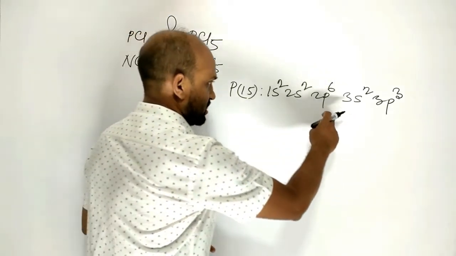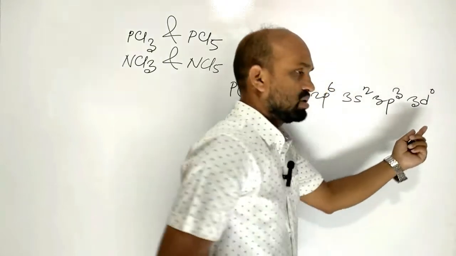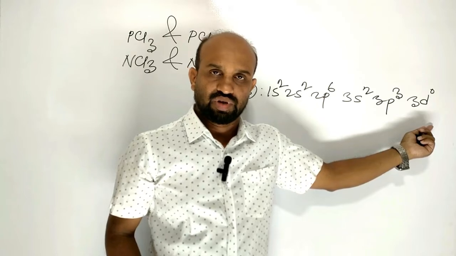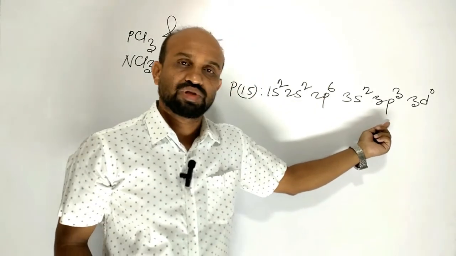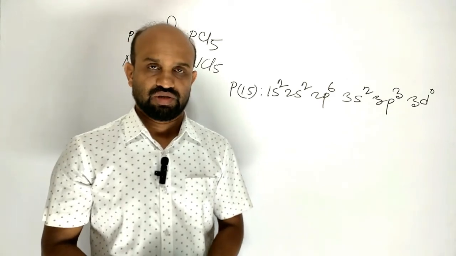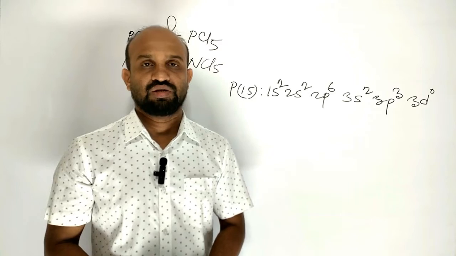So it has 3d orbitals, but 3d orbitals remain vacant because up to 3p orbitals 15 electrons have been distributed. Now let's write electronic configuration of phosphorus in box method.